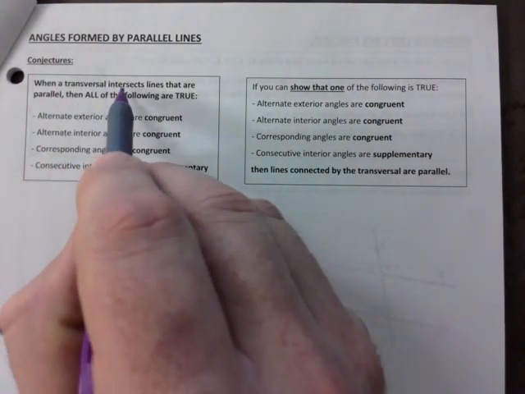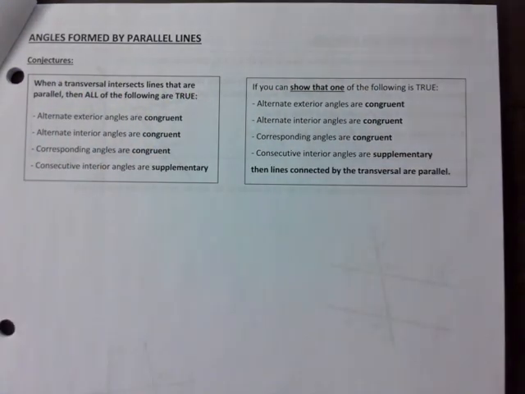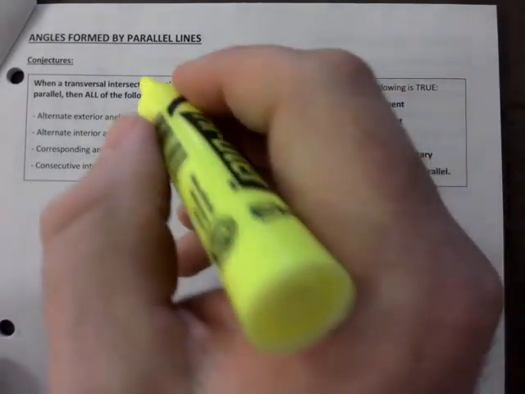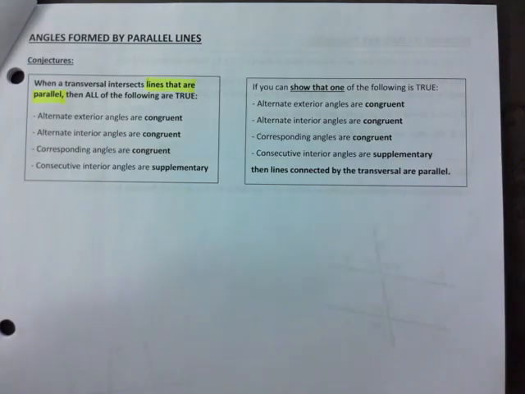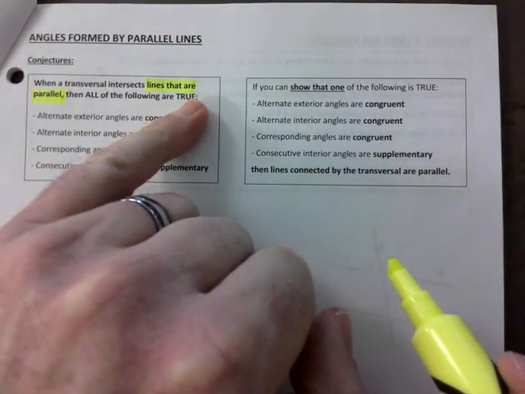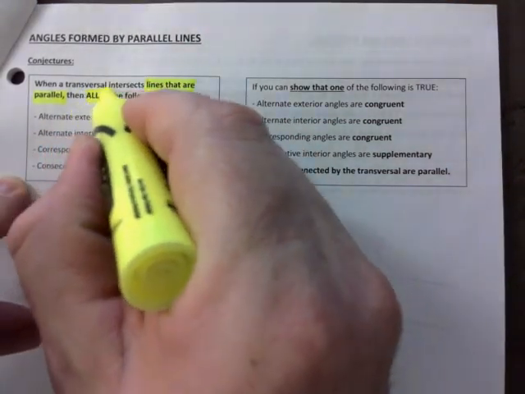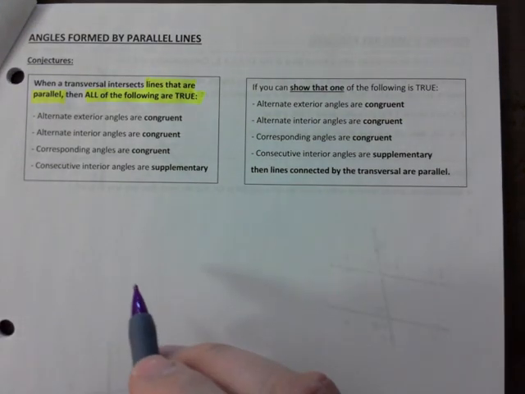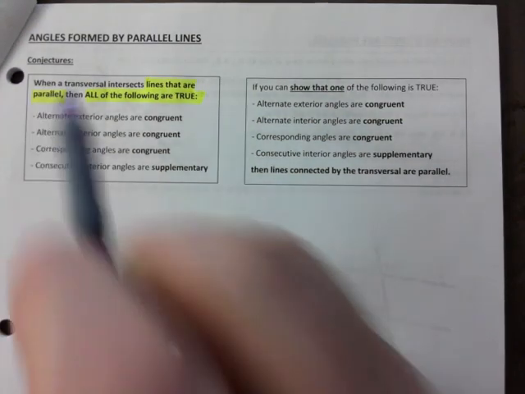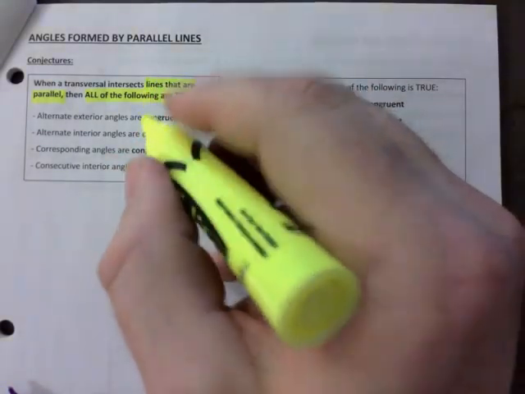When a transversal intersects lines that are parallel, this is very important. Lines that are parallel, all of the following are true. Every single one of these properties would be true. Okay, watch this. Alternate exterior angles are congruent.